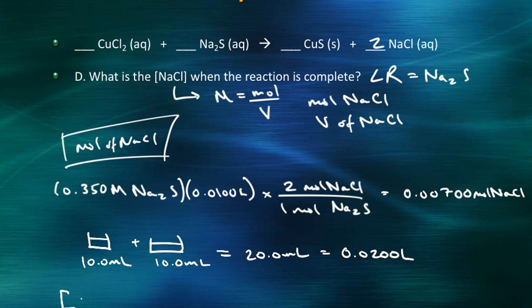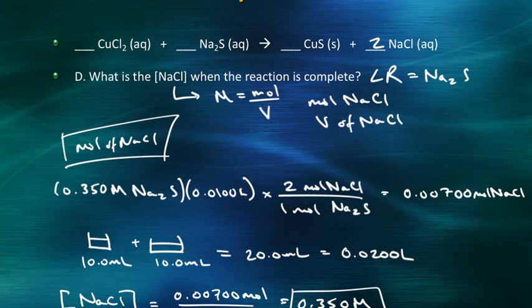So calculating the concentration for NaCl, the top is the moles, 0.00700 moles. The bottom is the volume, 0.0200 liters of the two things added together. Okay, and that's going to give us a concentration of 0.350 molar.